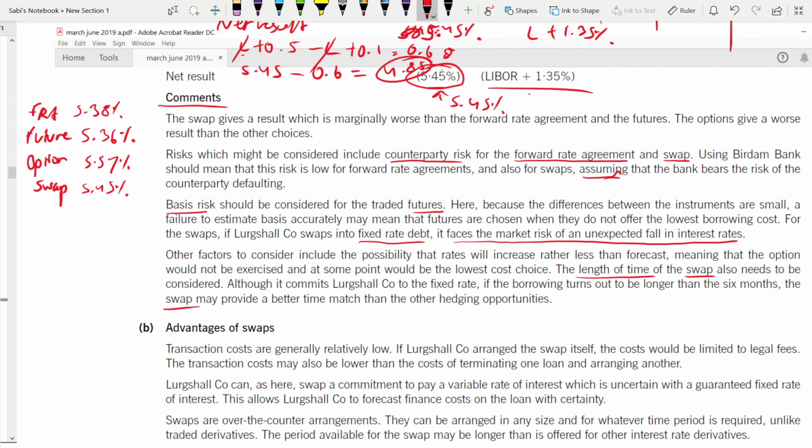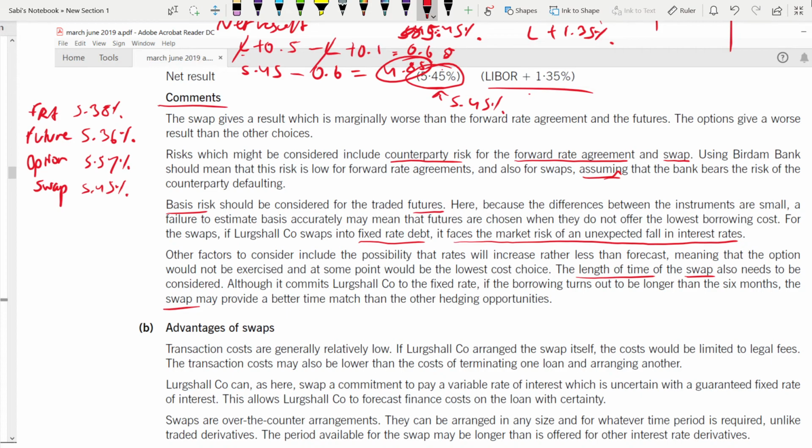You can even write forward rate agreement because it is simpler and easier. So anything you can write, provided you justify it like how they have justified swap, that it gives a better time match than the other hedging opportunities. If you give a conclusion or justification for the method you choose, you will get all the marks. So don't worry about it.